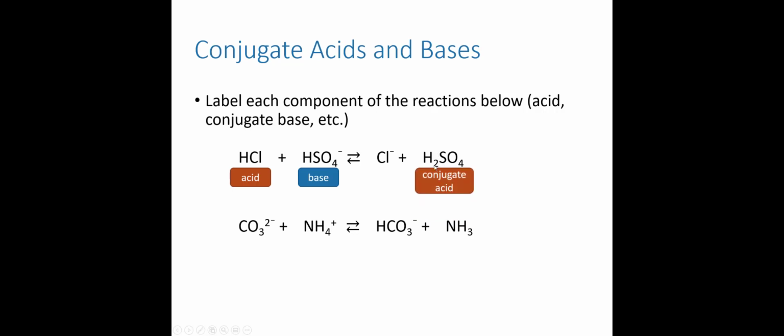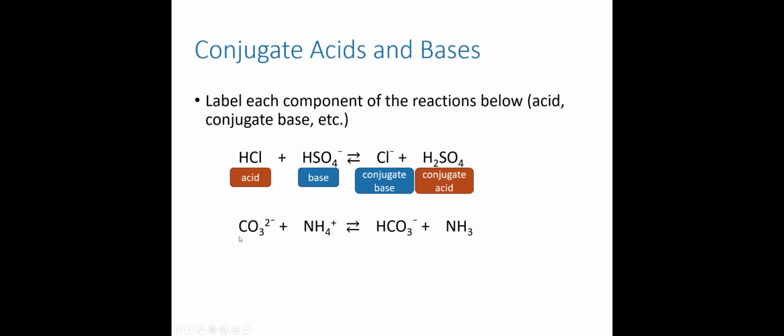Right? Think about this. If this compound loses a proton, it's acting as an acid, it forms the base. And then by process of elimination, the chloride ion would be the conjugate base. It can only be a base because there are no hydrogens for it to donate.